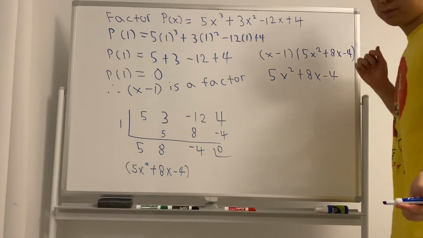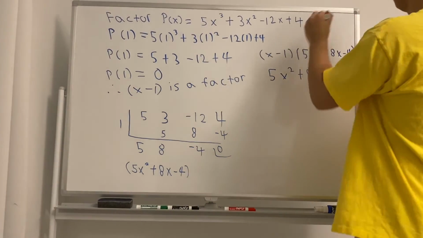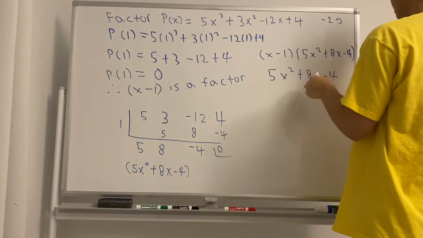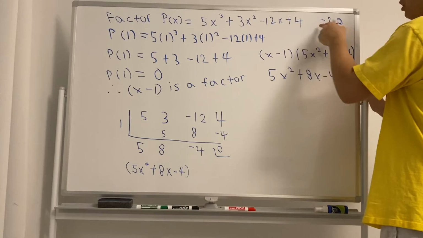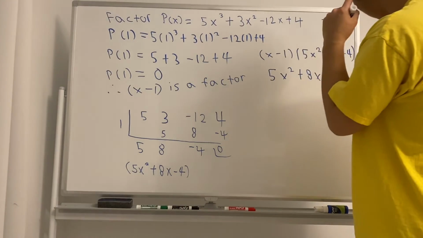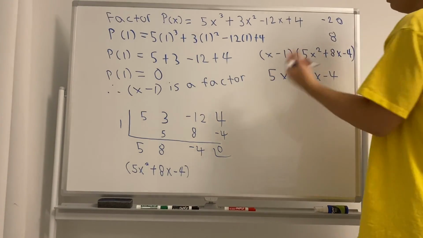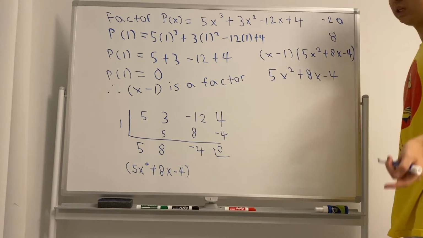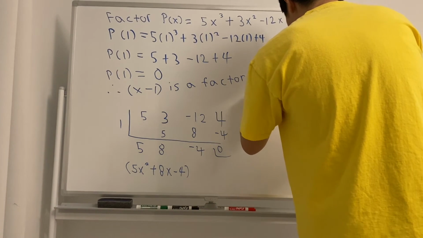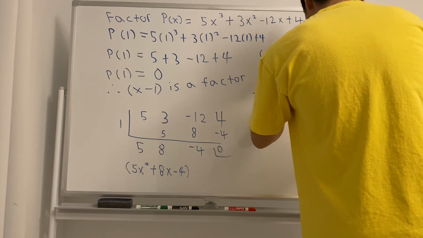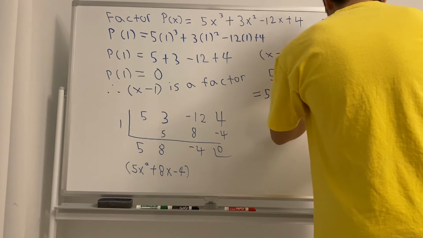So we're going to use decomposition. So 5 times 4, negative 20, and the b value is 8. So what two numbers add up to 8 and multiply to negative 20? 10 and negative 2. 10 times negative 2 is negative 20. 10 plus negative 2 is 8. So we're going to use decomposition here. So 5x squared plus 10x minus 2x minus 4.